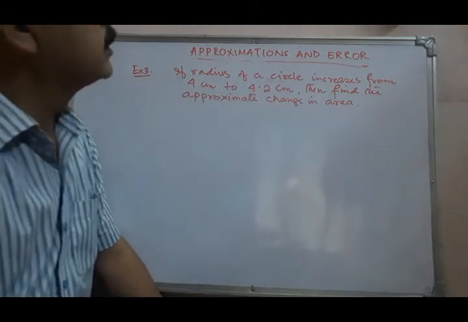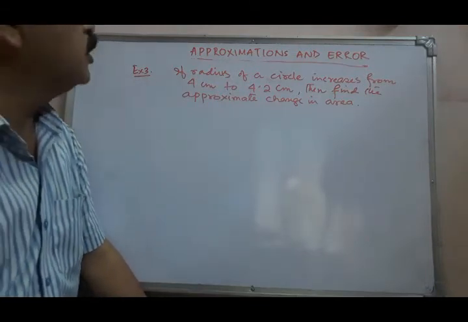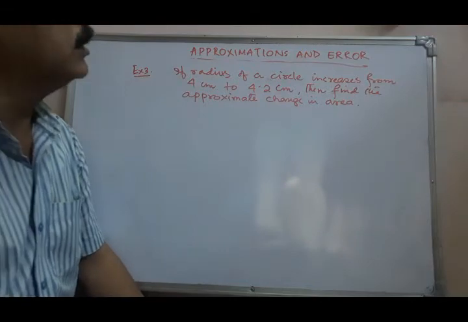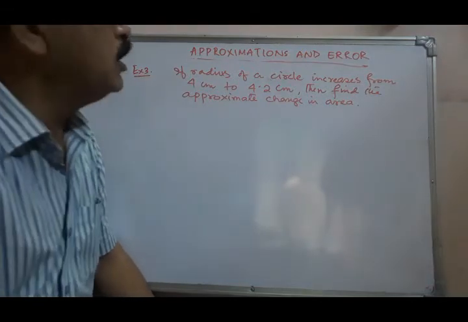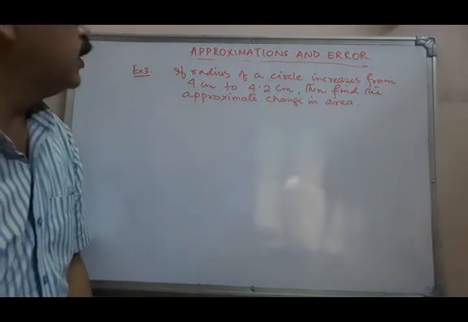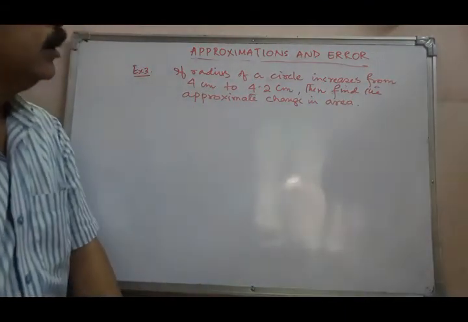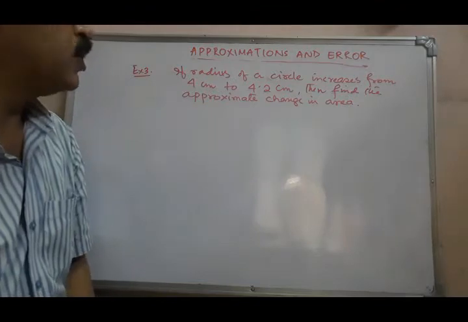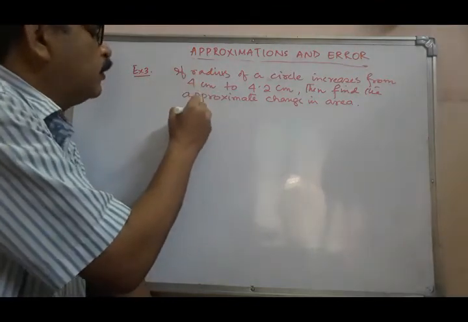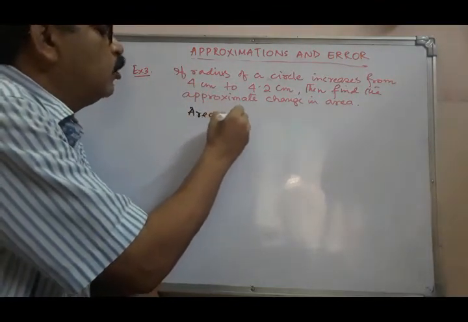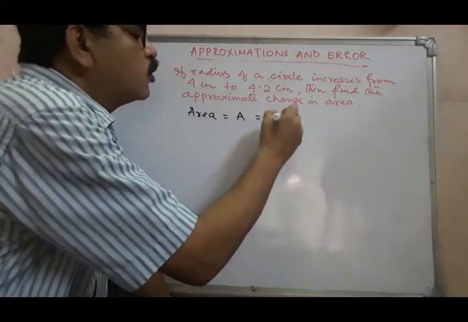If the radius of a circle increases from 4 centimeter to 4.2 centimeter, then find the approximate change in area. So that is, the radius is changing from 4 to 4.2 centimeter. Then we have to find the approximate change in area. We know that the formula of area is area, denoting by A, equal to pi r square.